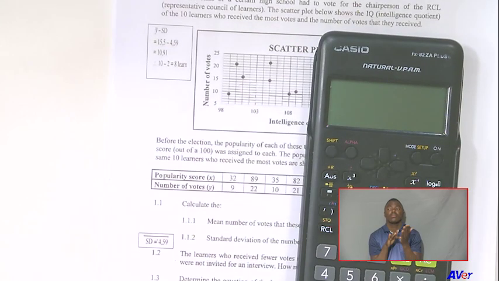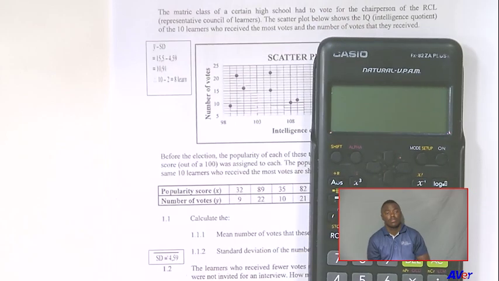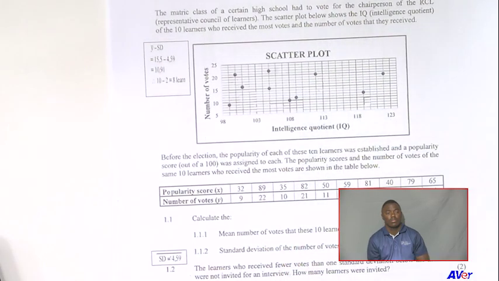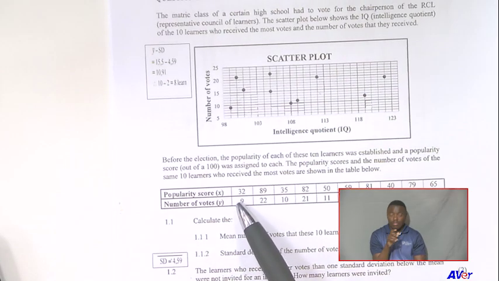Now people, take note. Popularity score is X. Usually, you will see that if it is written in rows, the first row is in terms of X, and your second row would be in terms of Y. Is that clear?